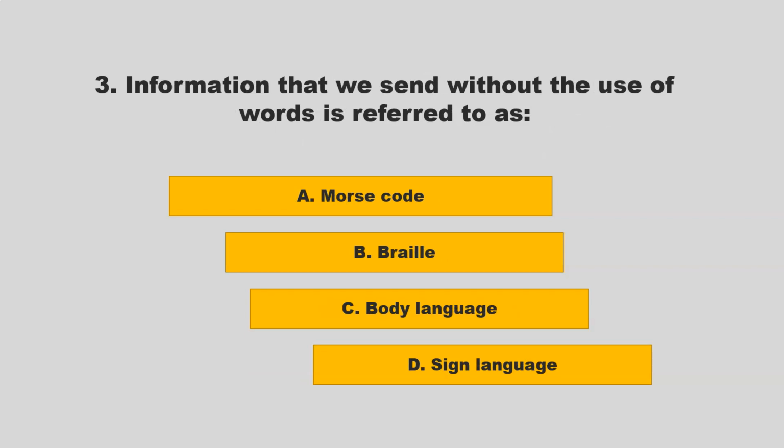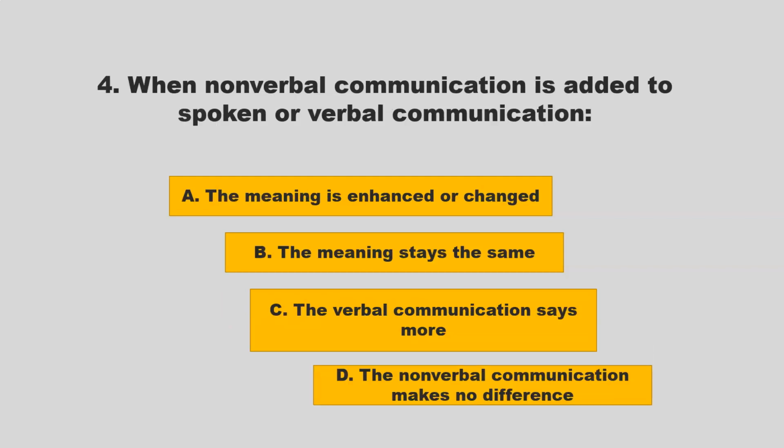Information that we send without the use of words is referred to as, is it Morse code, Braille, body language, or sign language? If you chose C, body language, you are correct.